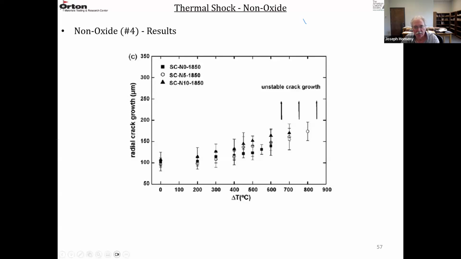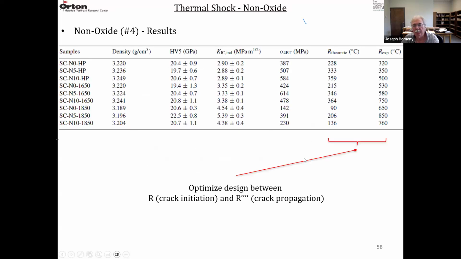These are kind of tedious tests to run, but basically the material in this case that had the microstructure with elongated grains had the superior thermal shock resistance because they activated crack bridging, crack deflection type mechanisms.